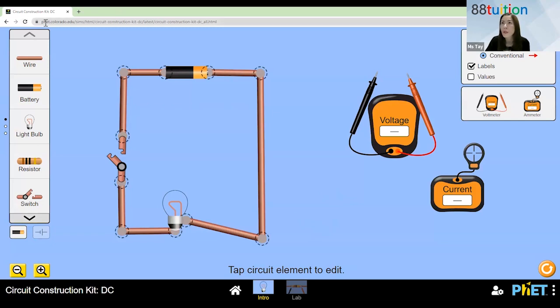If you are interested, you just have to Google PHET. You will go to this website, and then you can select the circuit construction kit. What happens is if I close the circuit here, I can see the current flowing, but this is actually conventional current. If you were to look at electrons, you all must have used it before.